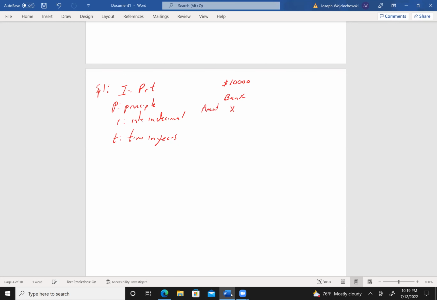We're calling it X. The lending institution charged 5.5%. So this would be the principal, I guess we should call it P. We're going to label it X from the bank. The interest rate, 5.5%, in decimal form is 0.055.